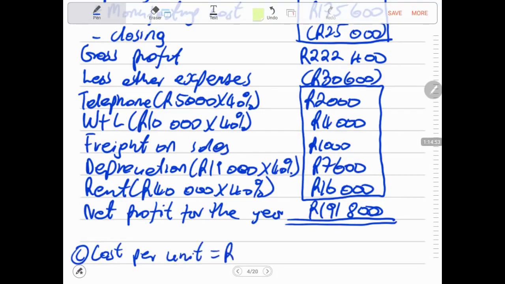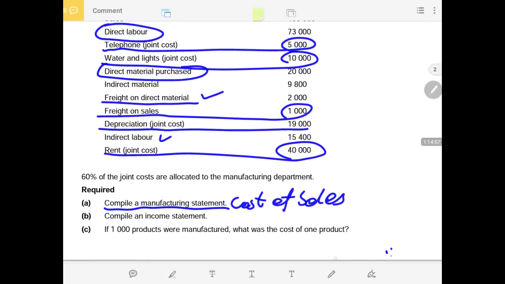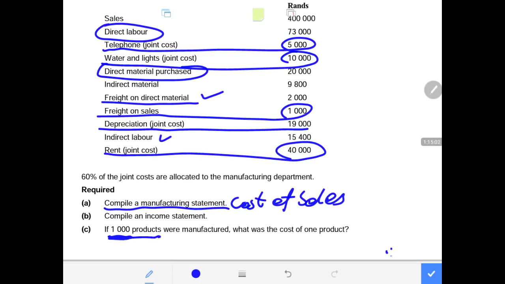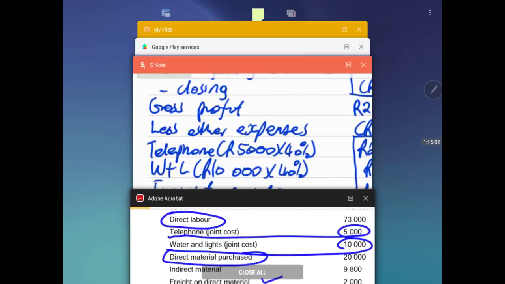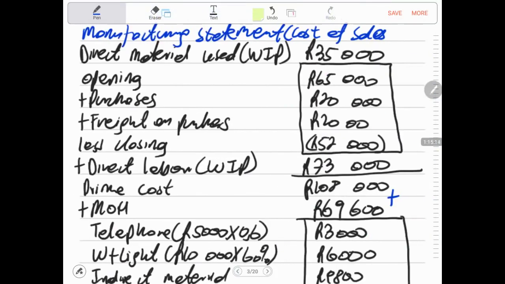And the cost per unit was under the assumption that if we manufacture 1,000 products, therefore what will be the cost of 1 unit? Then the question is, how many units were manufactured, not how many units were sold. How many units were manufactured in the current period?